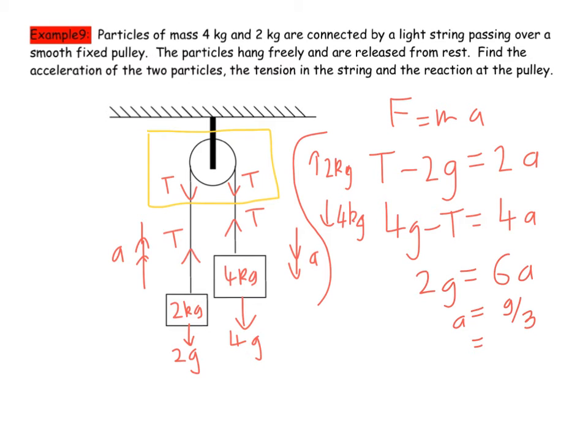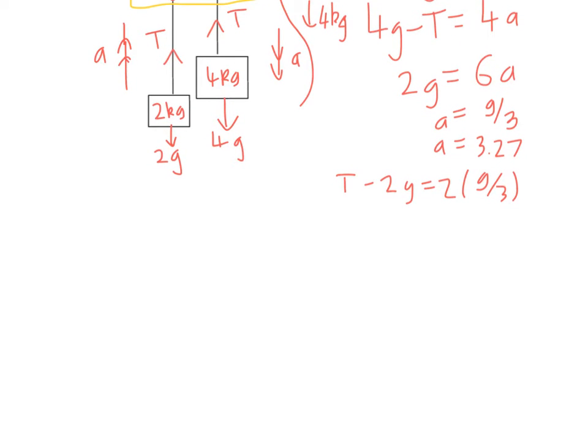Or to 3 significant figures, that's 3.27. We then have to find out the tension in the string, so we can put that back into the first or second equation. We'll put it back into the first one. So T minus 2g equals 2 times acceleration, which is g over 3. That then gives us that the tension is equal to 2g over 3, which is on the right hand side, plus the 2g.